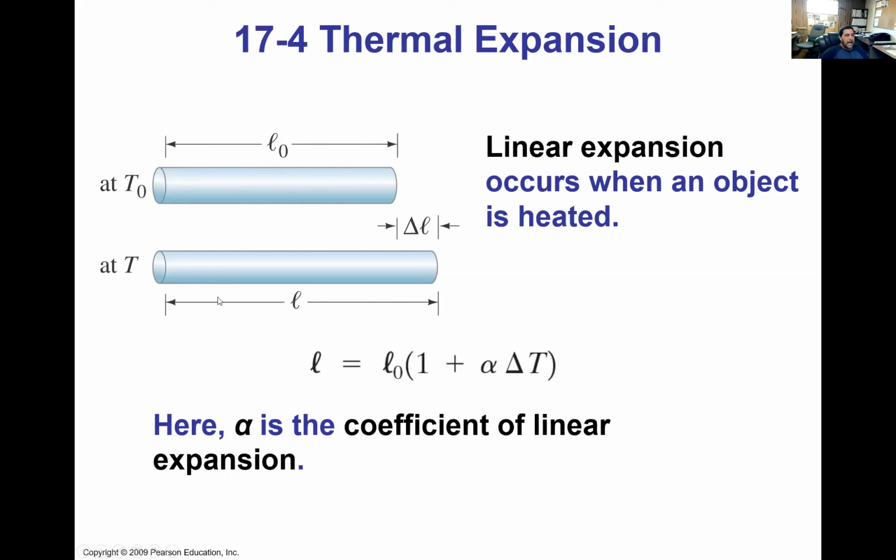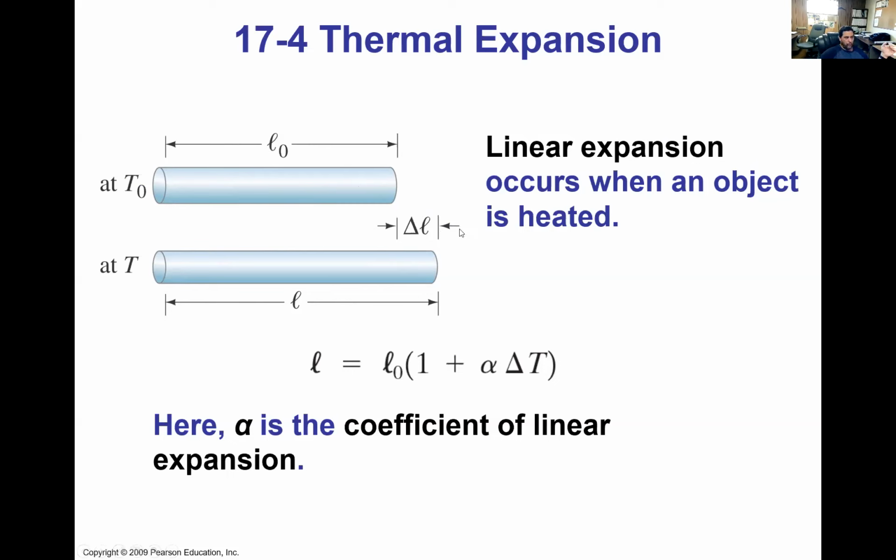When you heat this up, right, you will have a change in temperature. If you cool it down, you will also have a change in temperature, but if you heat it up, you'll have a change in length. It's a positive change in length. If you cool it down, okay, you will have a negative change in length. It will shrink. It will get smaller.